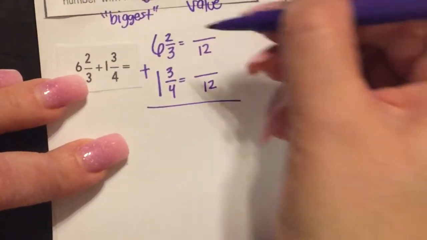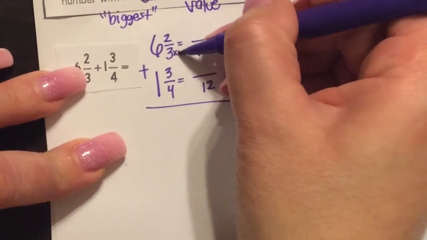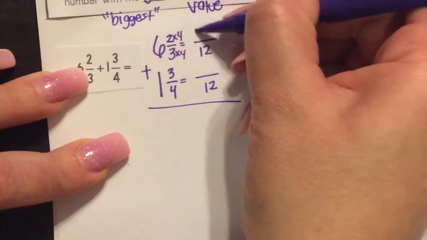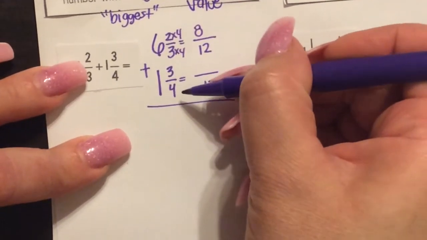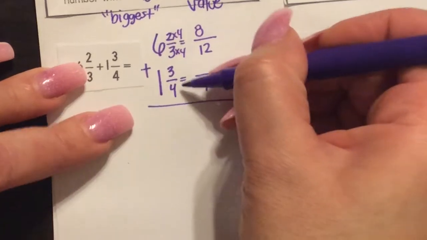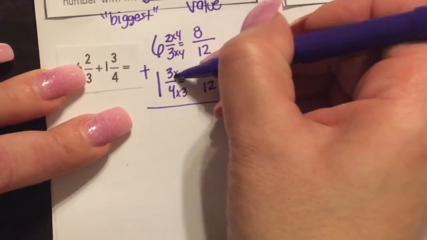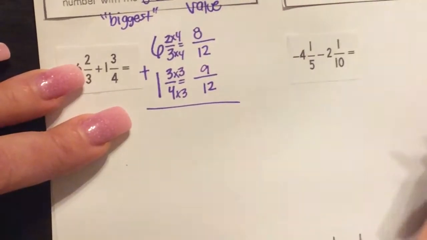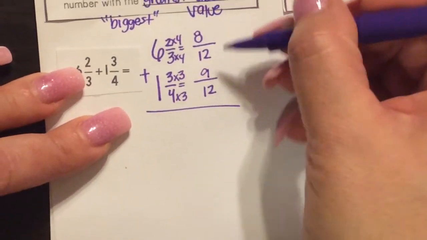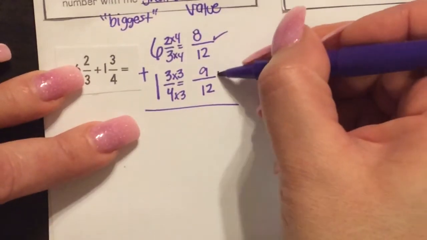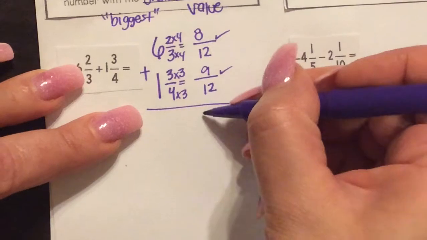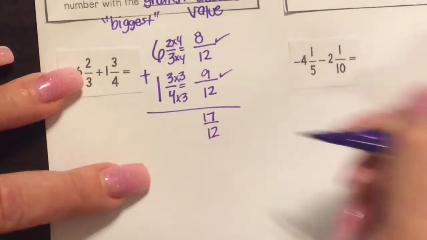So I find a number that times 3 gives me 12, which is 4, and 2 times 4 is 8. So now I have to turn fourths into twelfths. So 4 times 3 is 12, 3 times 3 is 9. And now I have these fractions with the same denominator. So 8 twelfths plus 9 twelfths, we have 17 twelfths.